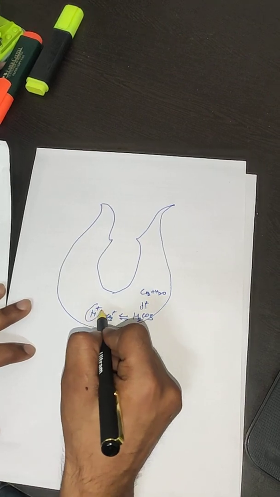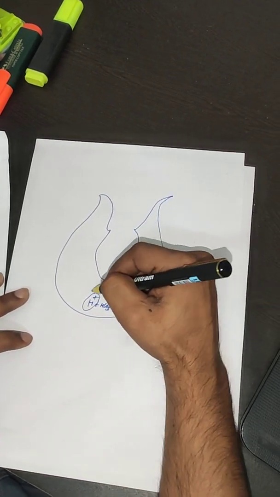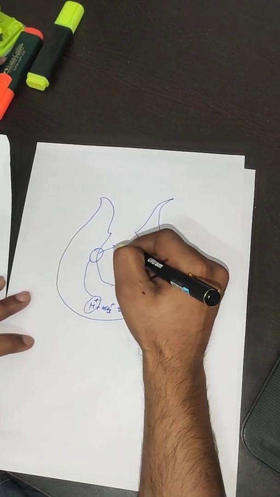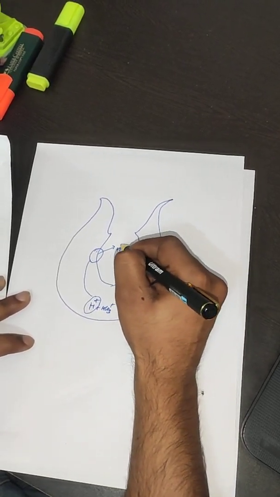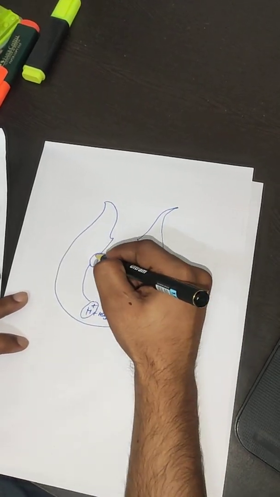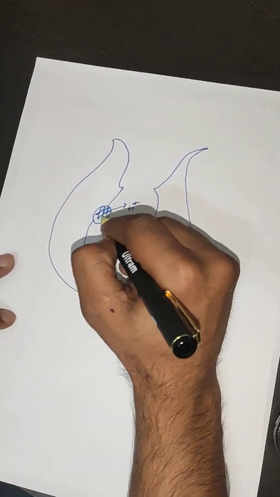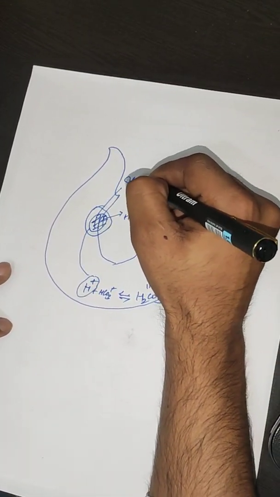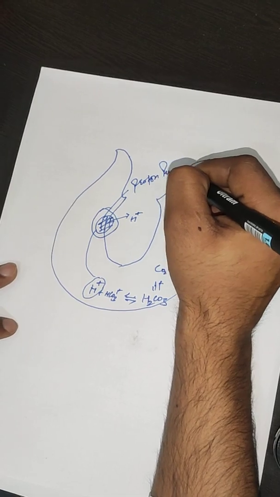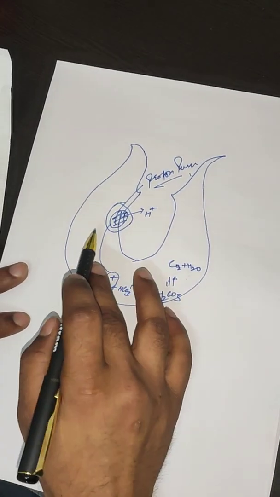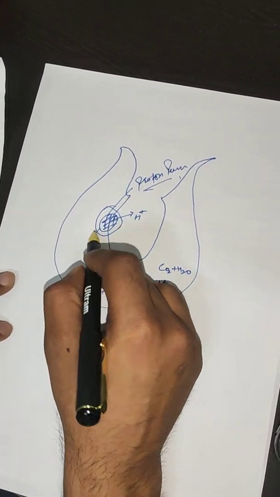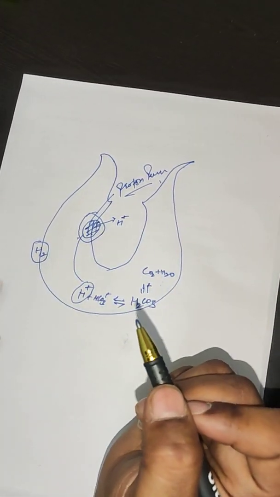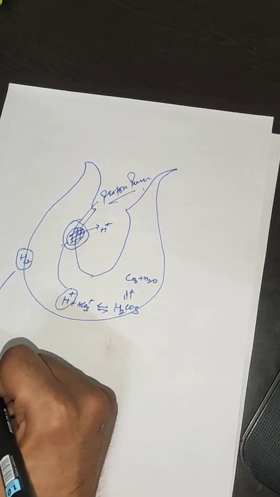This H plus ion moves to the lumen by the help of the proton pump. This is the proton pump, and this proton pump is activated by the H2 receptor, the histaminic receptor.